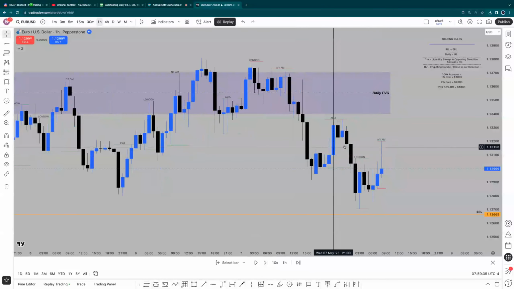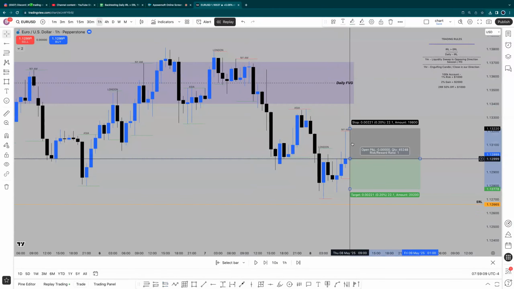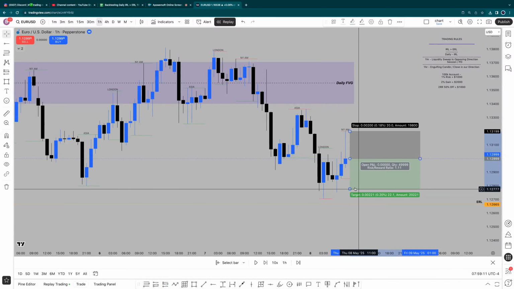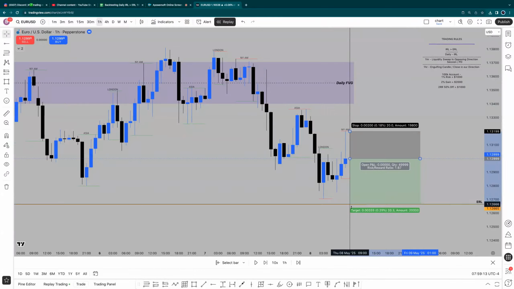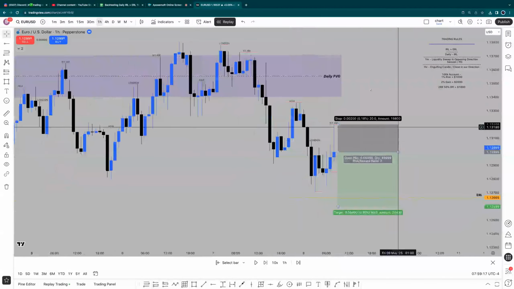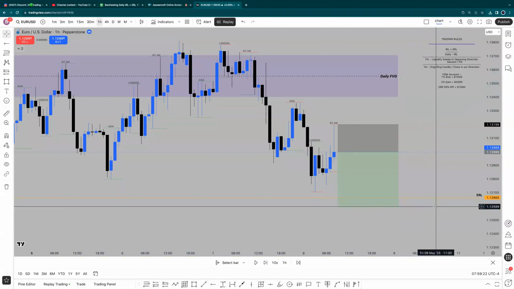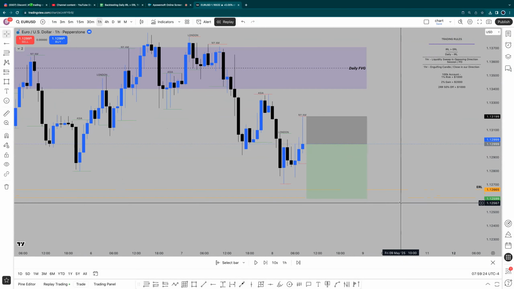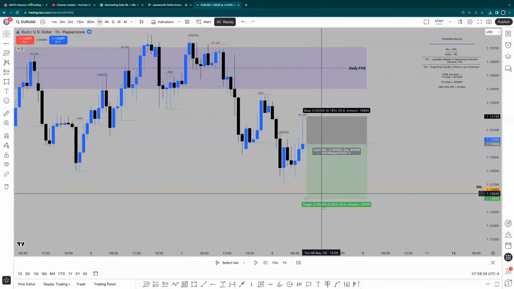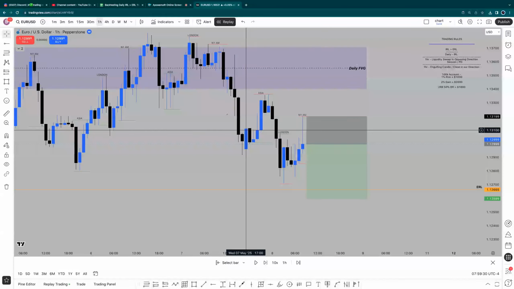Yeah, we have had a sweep in here. There's not going to be enough for an entry, pips wise. Potentially you could overdo it and go for that. That is risky because you're going about 6 pips over to get the 2R. I mean, we could take this and then just run it, and once we get there, we can go break even. So let's do that.